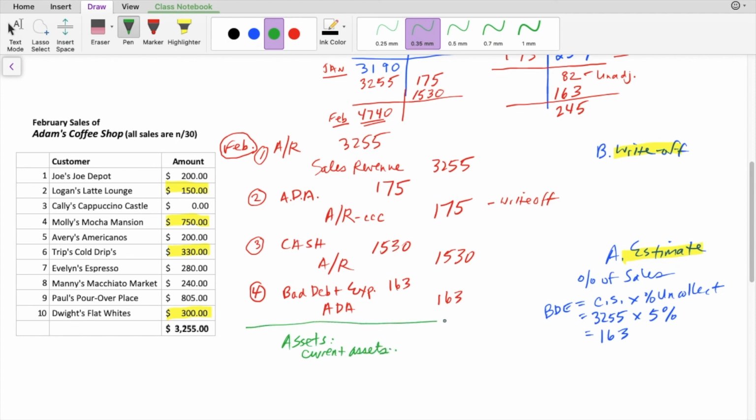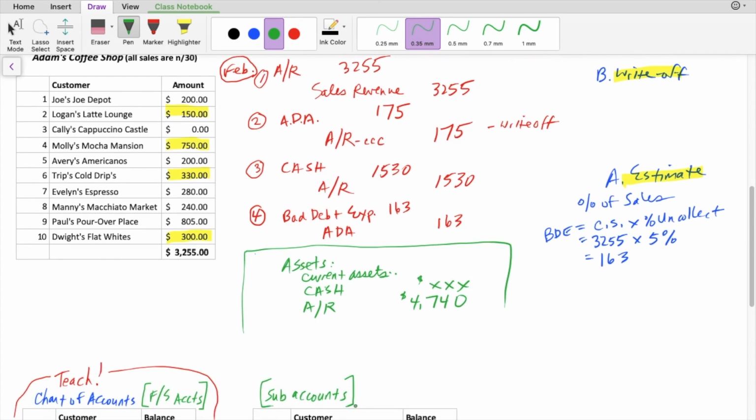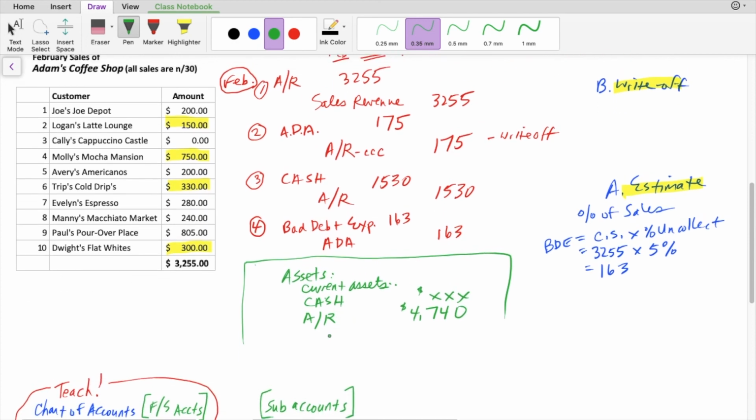First current asset is going to be cash. I don't exactly know how much cash the company has right now, and that's okay. My account receivable balance at the end of the period is $4,740. I have a contra account called allowance for doubtful accounts.